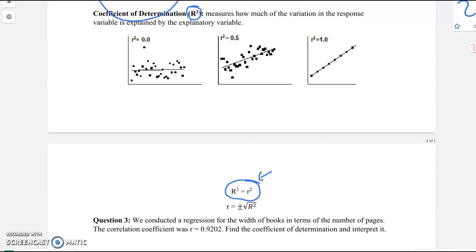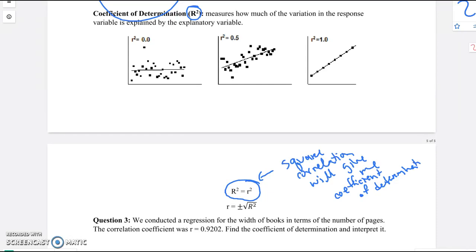So if I square the correlation, that will give me the coefficient of determination. And square rooting r squared gives us back r.